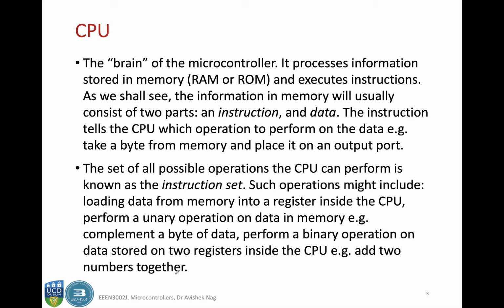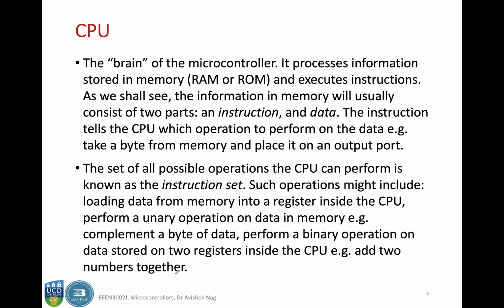So let's focus on the CPU first. So CPU is the brain of the microcontroller, so it processes all the information stored in the memory and executes those instructions. So the information in memory will usually consist of two parts, as we shall see. So instruction and data.